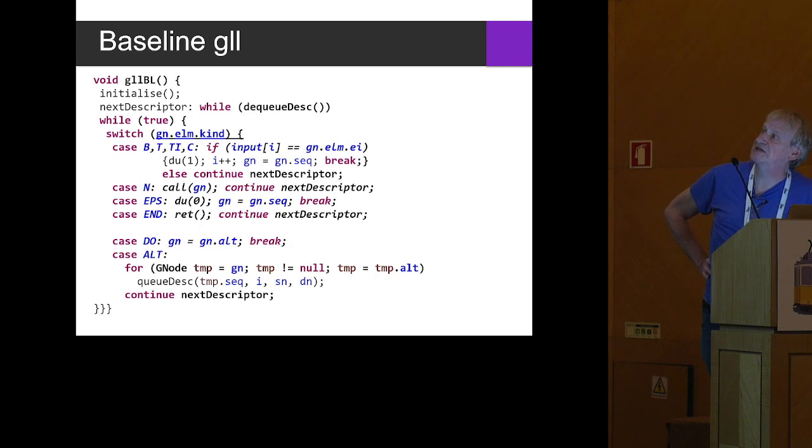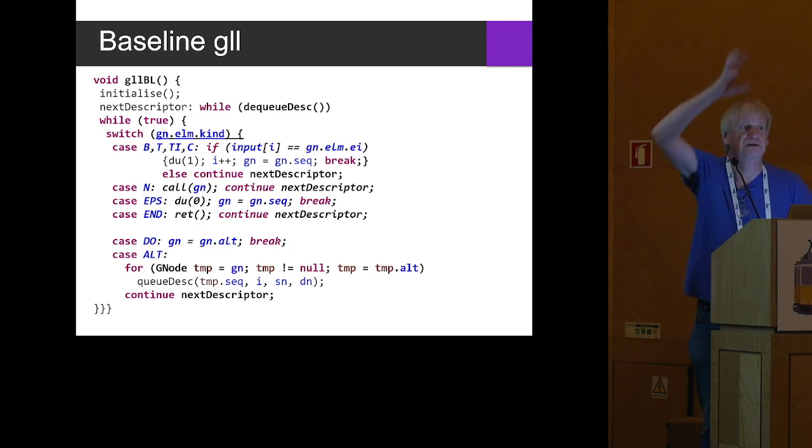If it is a built-in or a terminal or a character, then it checks to see whether the input element matches. If it does, it updates the derivation, du of 1 there, and then it increments the input pointer and off it goes. If it doesn't match, we abort this thread of control, and we do that simply by doing a continue on the next descriptor.